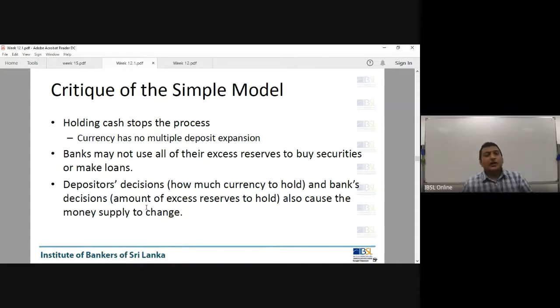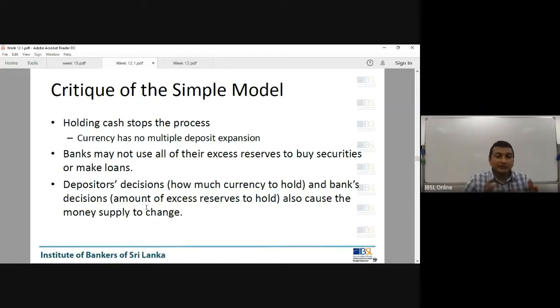Okay. So then the other thing is, the model itself depends on the so-called depositor's decision, that is, first how much to keep in the account or how much in currency form, and the bank's decision on how much to keep in excess reserve form. Because when you keep excess reserves, you find your simple deposit creation model would break down, right?